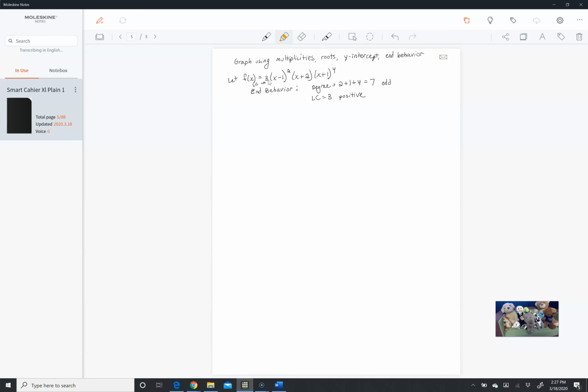Here you don't have to worry so much about writing it using f of x and x. You can just say, an odd degree says that we're doing different things on the left and right. The fact that it's positive tells us that it's the right that's rising, so the left is falling. So we can just write that the right rises and the left falls.